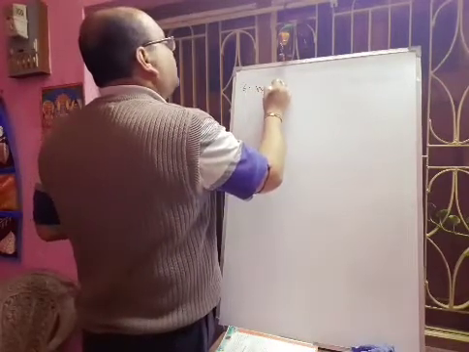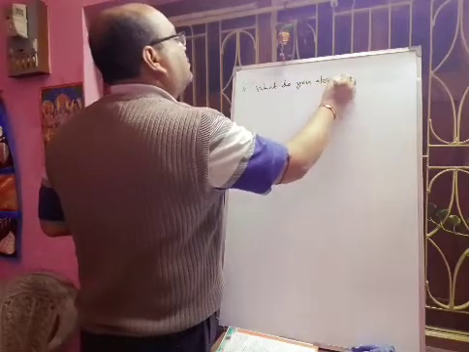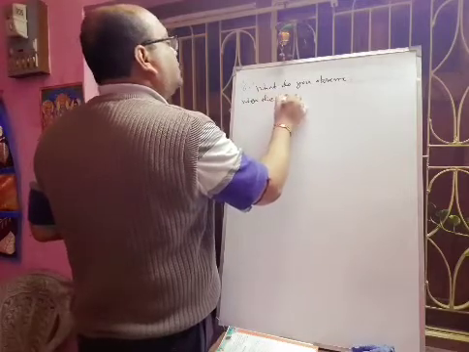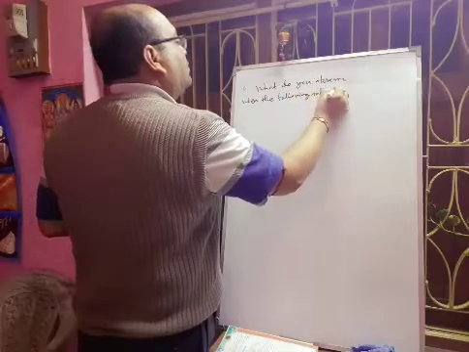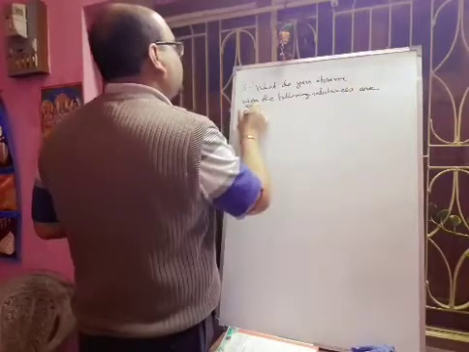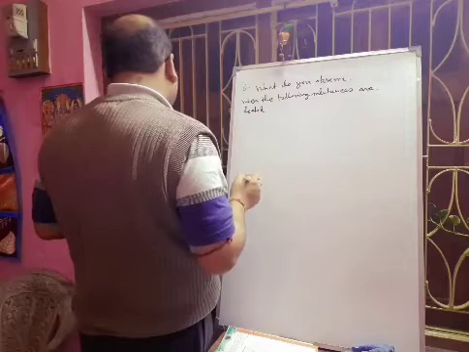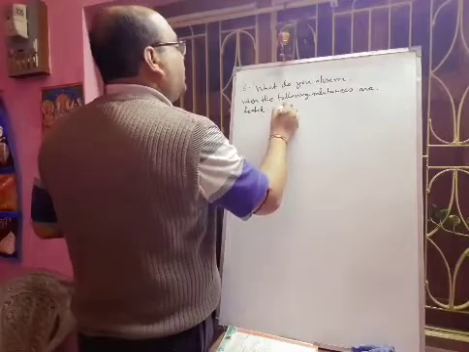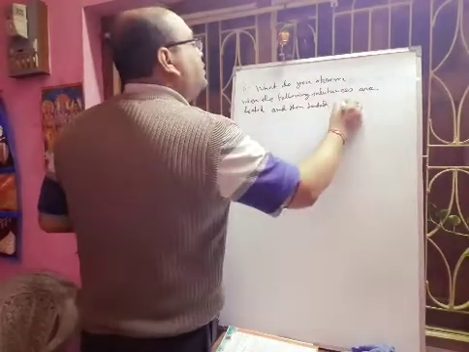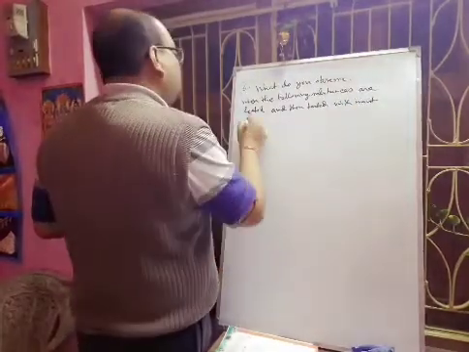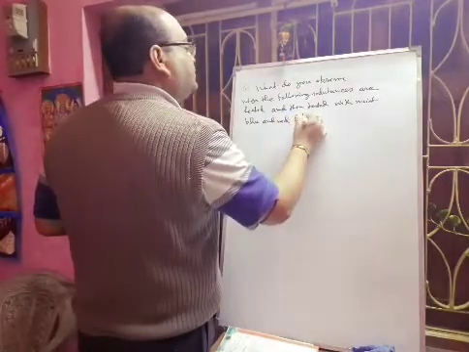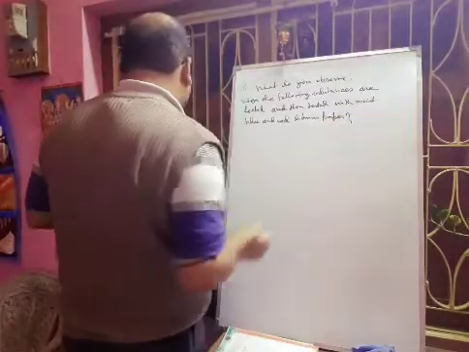What do you observe when the following substances are heated, and then tested with moist blue litmus paper? First one is given sulfur.